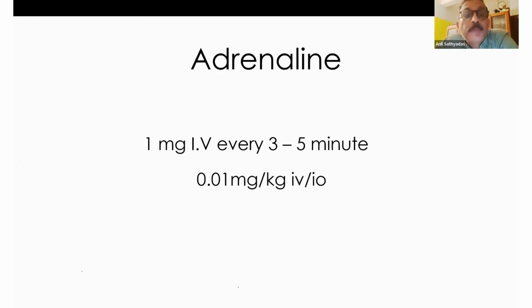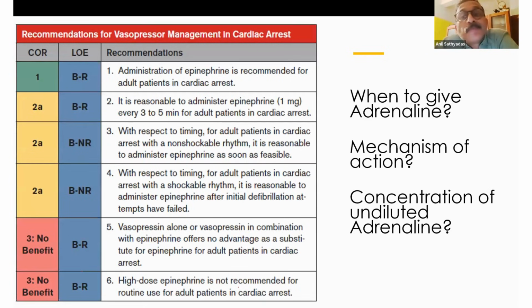And the question that would come to your mind is when to give adrenaline. Already talked about that. That depends on whether it's shockable or non-shockable. Non-shockable, you can give it early, it's okay. But if it's shockable, ideally it should be given along with the second shock. How is adrenaline working? It has more of alpha 1.